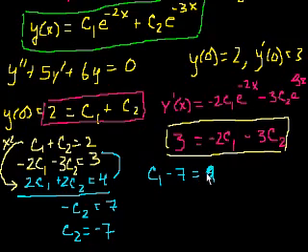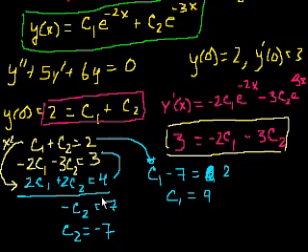Oh, sorry, no, I'm already confusing myself. My brain was getting ahead of myself. C1 plus C2, that's -7, is equal to 2, right? I'm just substituting back into this equation. Not a differential equation, it's just a simple linear equation. And then we get C1 is equal to 9.